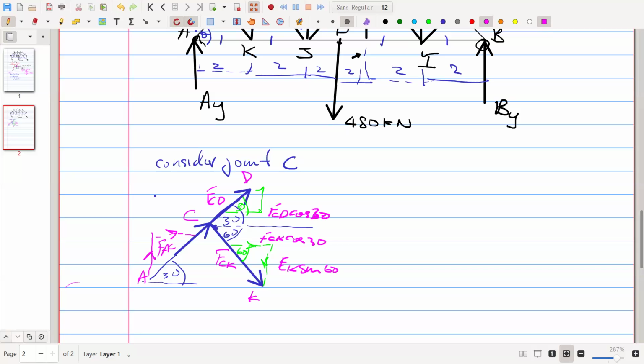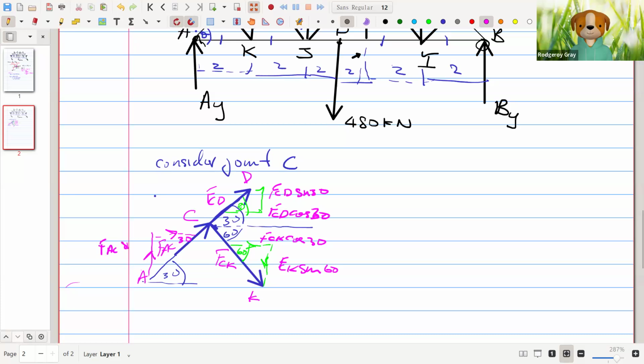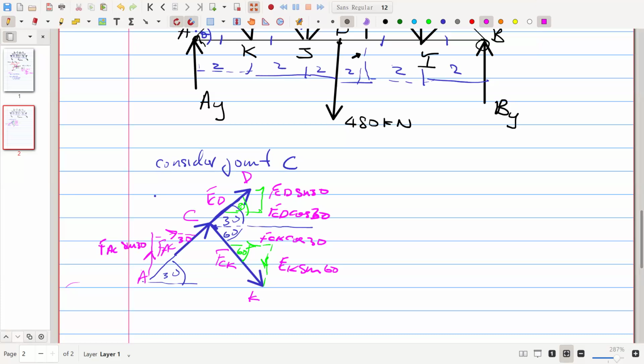And this one up here will be F_CD sine 30. Likewise, this one would be what now? This one will also be 30 degrees up here. Right? So this one will be F_AC sine 30. This one will be F_AC cos 30. So you'd have a number of forces.